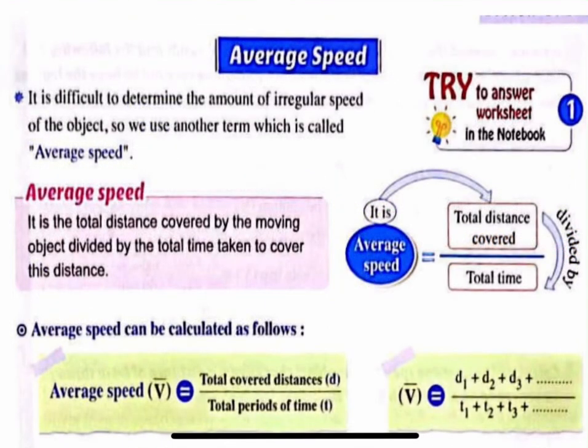Okay, average speed. It is a very important title. Okay, average speed, it is the total distance covered by the moving object divided by the total time taken to cover this distance.